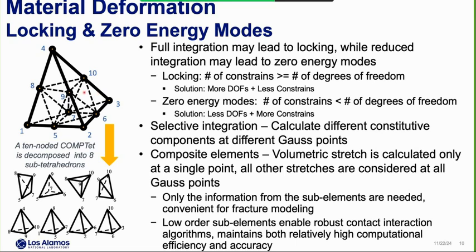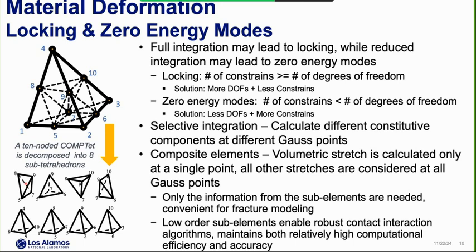The volumetric stress is calculated from a single Gauss point, which is a sort of reduced integration. However, the deviatoric stresses are calculated from 8 Gauss points. The 10-noded composite element is decomposed into 8 sub-tetrahedrons, and each sub-tetrahedron has a single Gauss point. This way, we can avoid both locking and hourglassing.